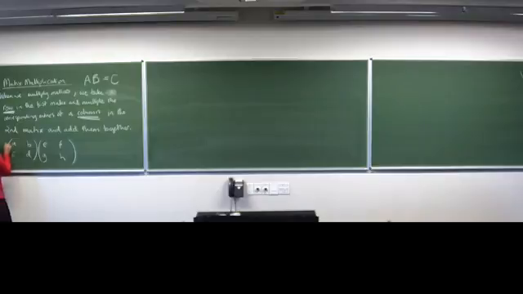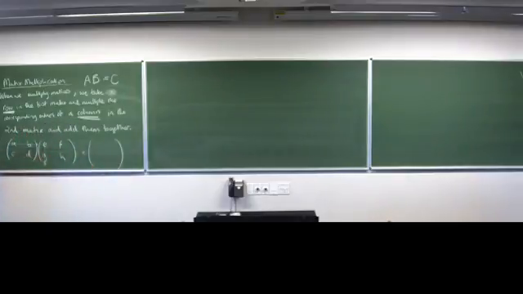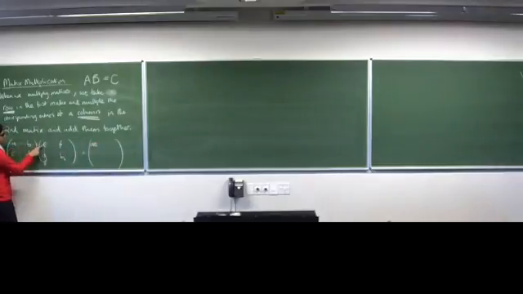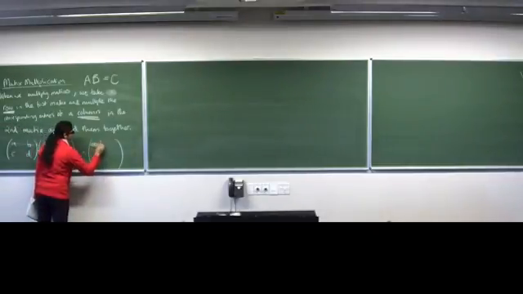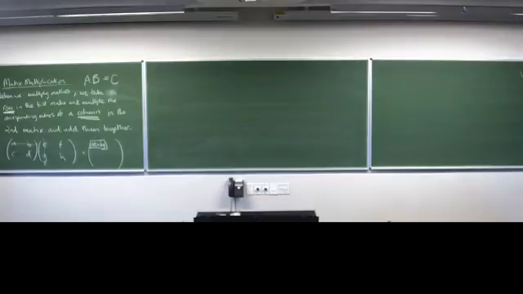What we do, we take the entries in the first row and multiply them with the entries in the first column to get the first value: A times E plus B times G. So it's this one, that one. And that's one value you get.